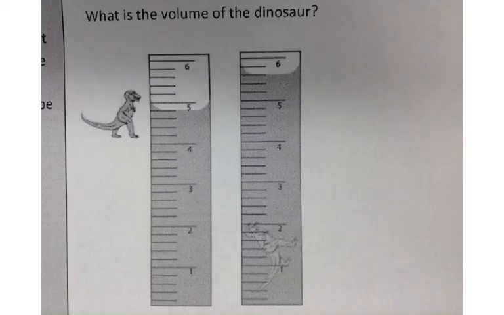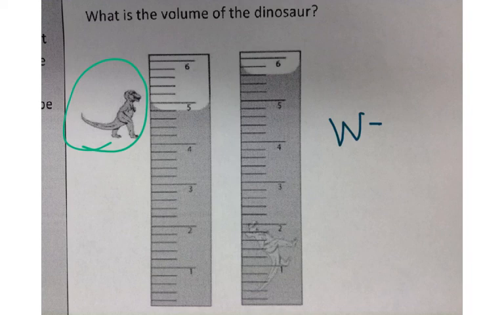The exact same thing happens all the time with irregularly shaped objects. When you can't use a ruler to do length times width times height, such as this beautiful T-Rex right here, water displacement is an excellent way to figure out the volume of that object. In this particular case, we know that with water alone, it was 4.8 milliliters, or liters, but I'm just going to assume that it's milliliters in this case. That's this guy.